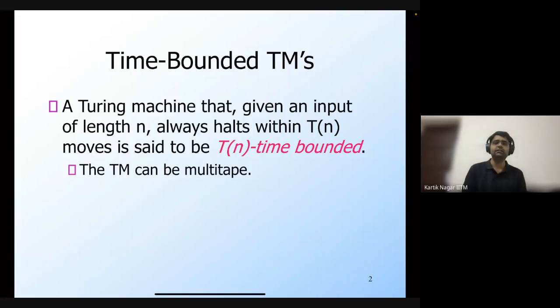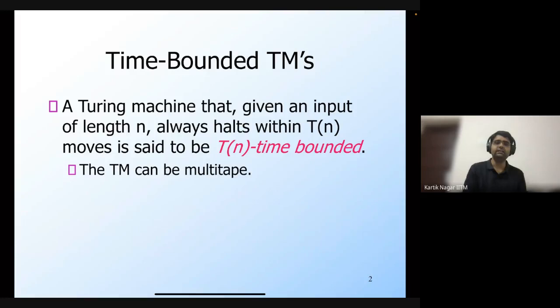Obviously, if you give a Turing machine a larger input, it will take more time, because it may need to scan the complete input. In fact, it will take at least n steps to even look at the whole input of length n. That's why this number of steps is a function of n.